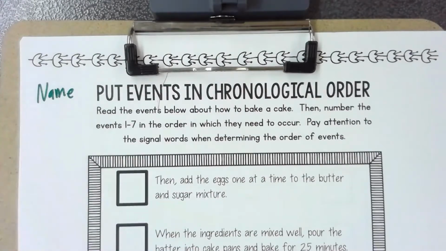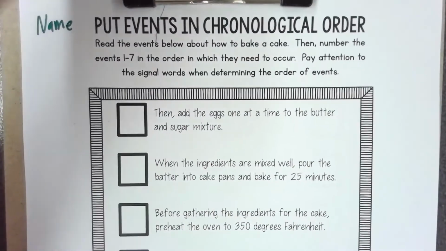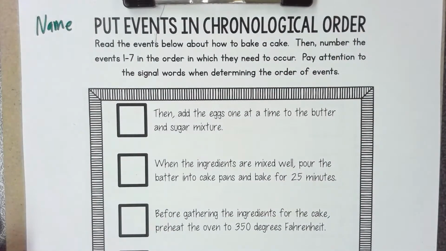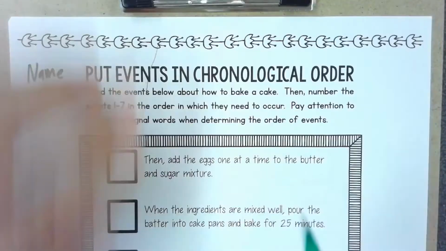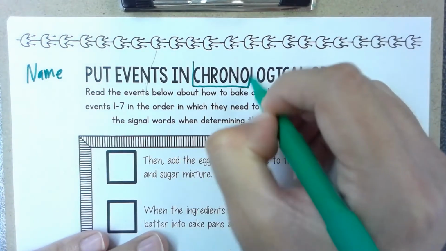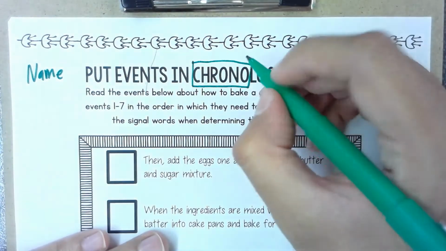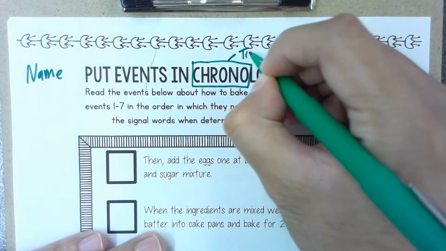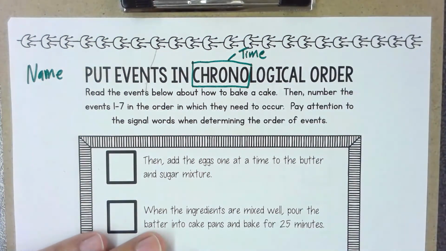Let's get started. So the purpose of this is you're going to be looking at signal words with me, and you're going to put these events in chronological order. Remember, this is the fourth text structure that we're focusing on. The word chrono, remember, means time.